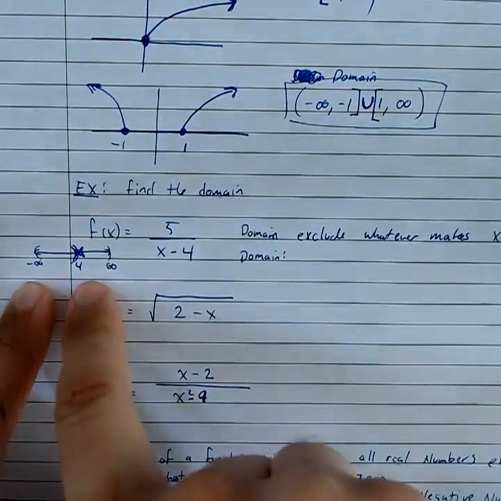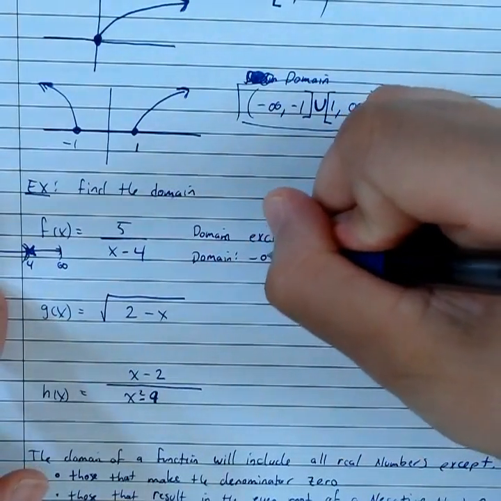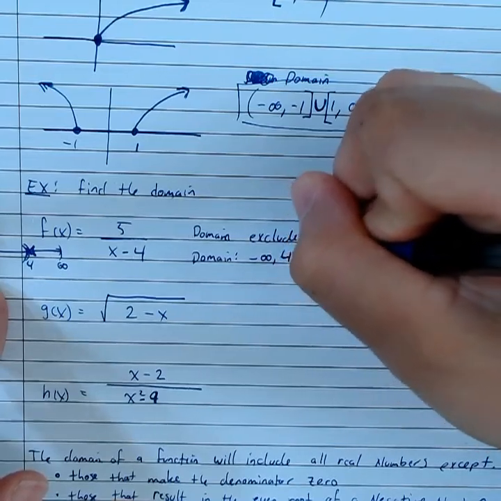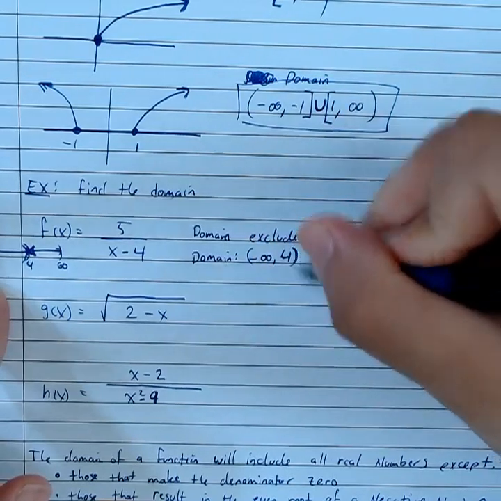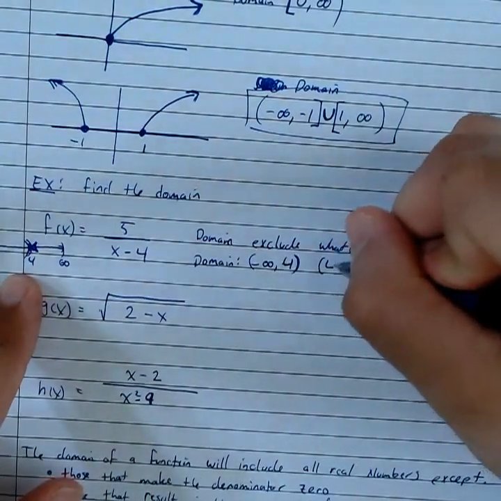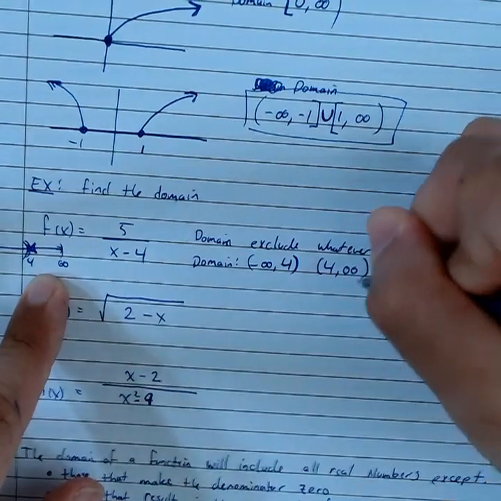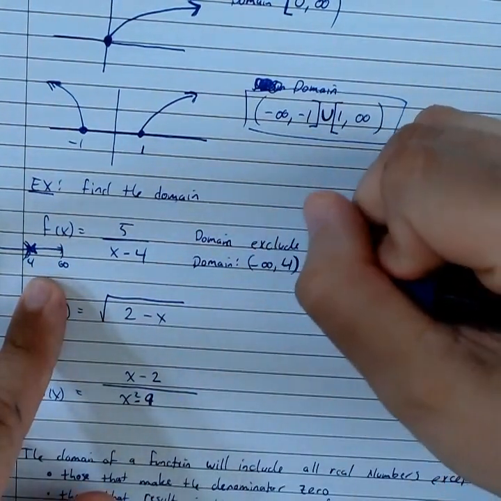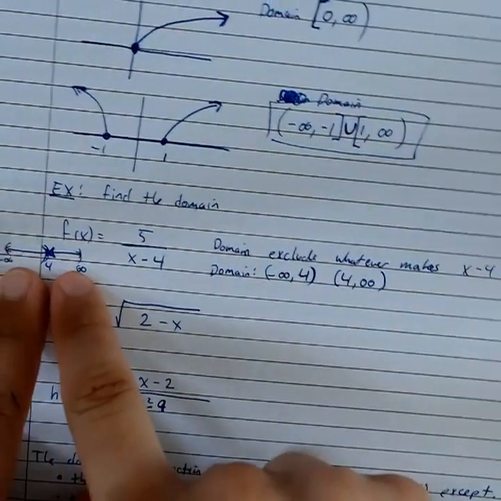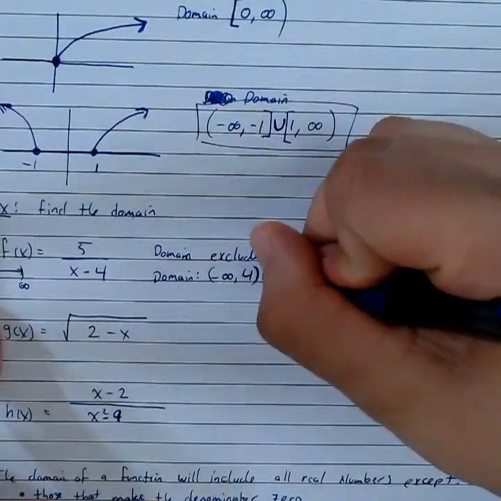We're going to skip the number 4, so we're going to use round parentheses, which means my domain is going to be from negative infinity to 4, and since we're using round parentheses, 4 is excluded. But once we get to the other side of 4, 4.1, 4.2, 4.3, and so forth, then we go on to infinity. And since this is two separate intervals forming one answer, we're going to write this as the union of those two intervals.